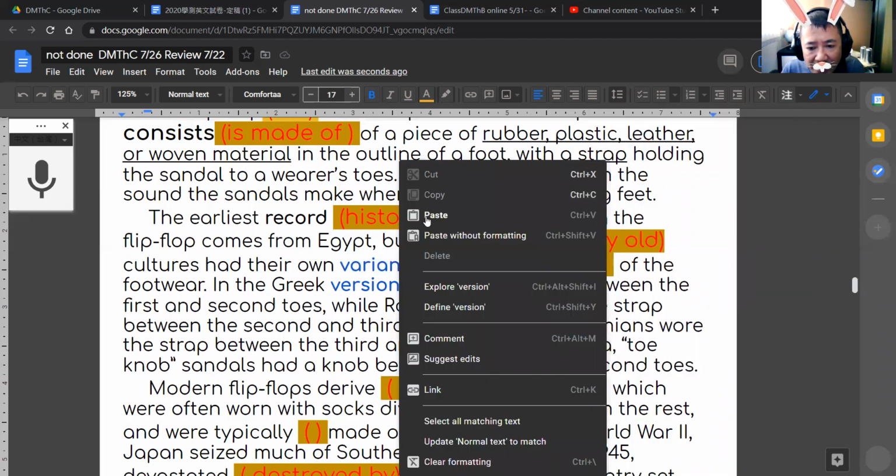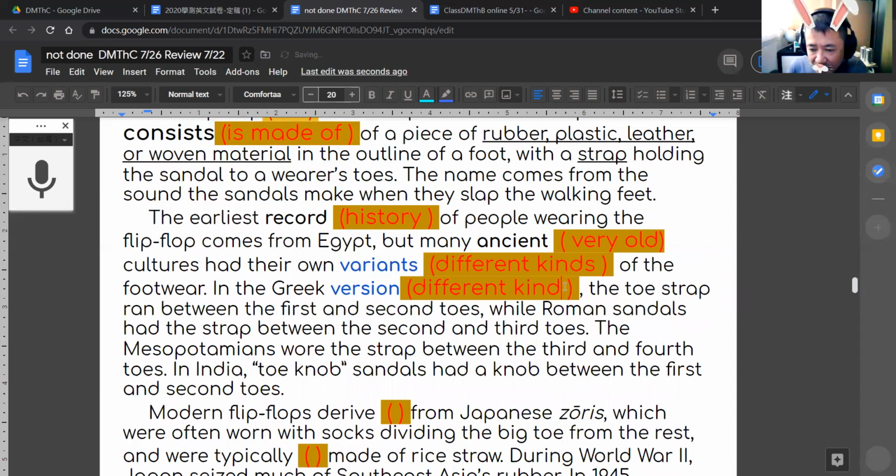In the Greek variant, different kind, right? The toe strap, the strap, the 带子 that goes on the toe. Wait a minute, I have flip-flops. I can show you. The toe strap, here's the toe strap, okay? In the Greek variant, the toe strap ran between the first and second toes, while Roman sandals had the strap between the second and third toes.